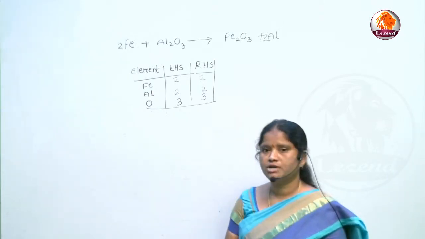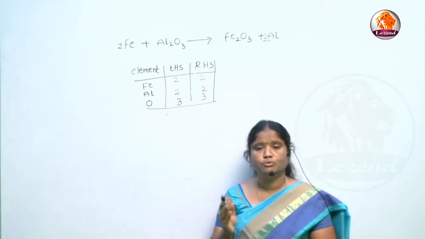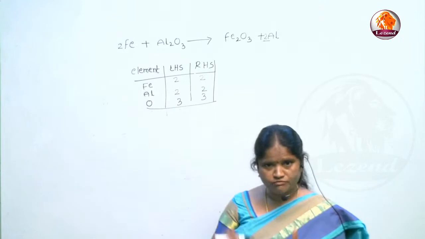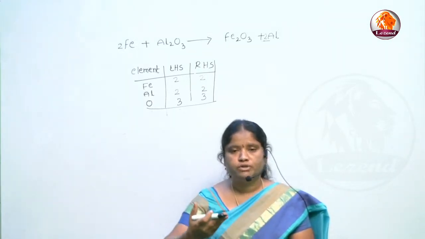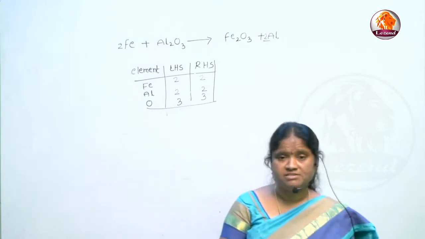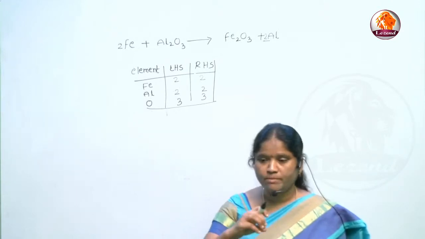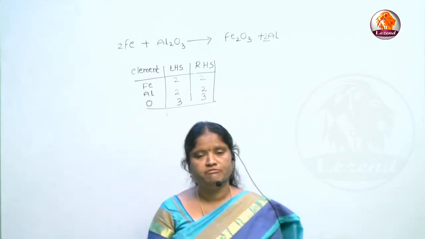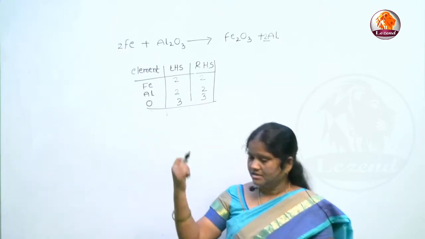Then we have to compare the atoms of each element, how many are involved on both sides of the given chemical equation. Then we have to do the necessary changes for the atoms that were unbalanced on both sides. If we follow the process in a proper way, then we can balance the given chemical equation in an easy and simple way.